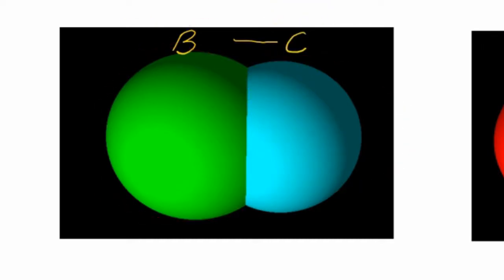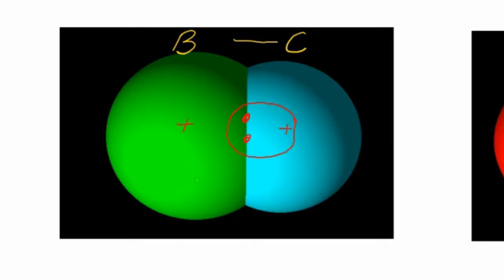The electron pair shared between boron and carbon for making the chemical bond is closer to the nucleus of the carbon atom because of its smaller size. So it means the nucleus of carbon is exerting more attractive force on the shared pair of electrons.